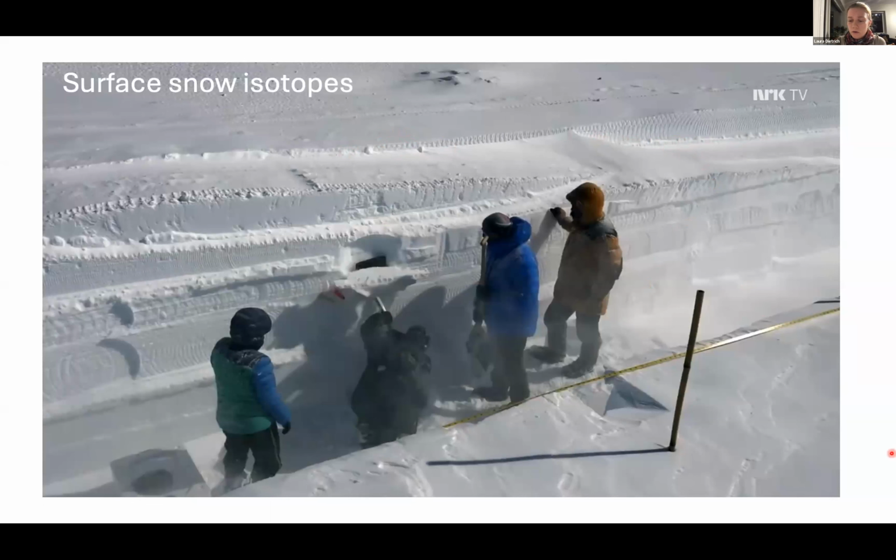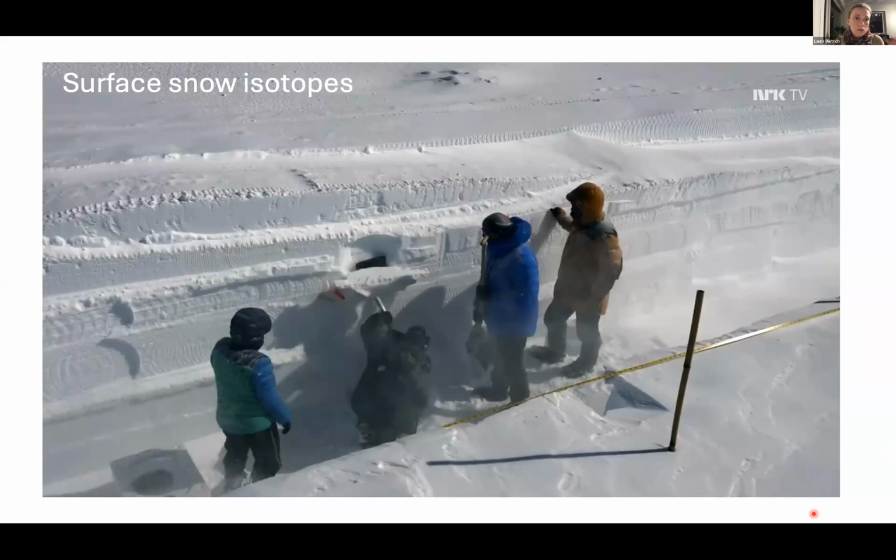And here you can see the Crown Prince again helping out a bit. Together with lots of samples from other scientists that were in the EGRIP camp, there have been a bunch of very nice and interesting new insights into how the isotopes in the surface snow are affected after the deposition of the snow.